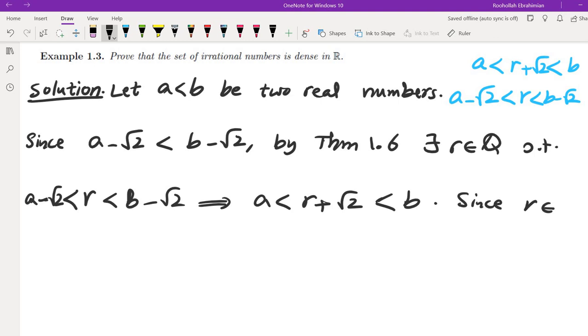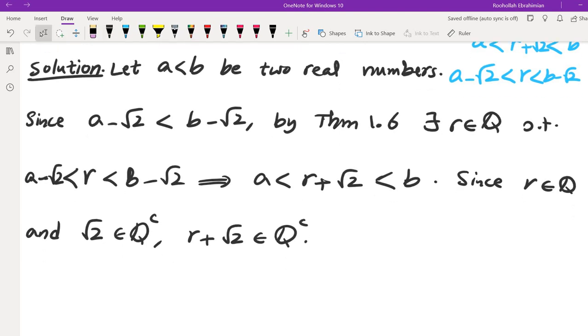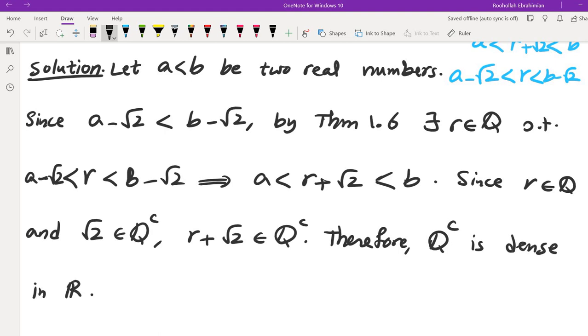Since r is rational and root 2 is irrational, r plus root 2 is irrational. So we found an irrational between a and b. Therefore, Q complement is dense in R. And that's exactly what we wanted to prove.